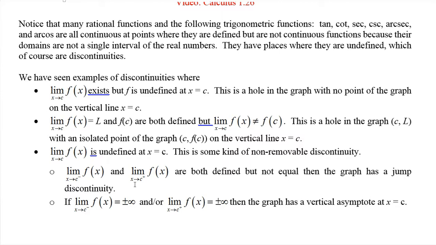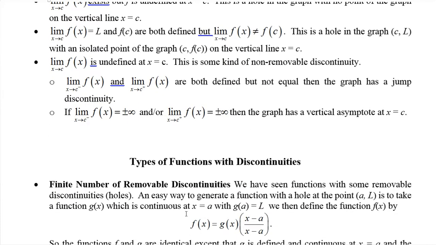Then the graph has what we would call a jump discontinuity. And then we also have vertical asymptotes, and that's when the limit as x approaches c from the left or from the right of f of x is either positive or negative infinity. Then the graph has a vertical asymptote at x equals that c value. So we've seen some of those.